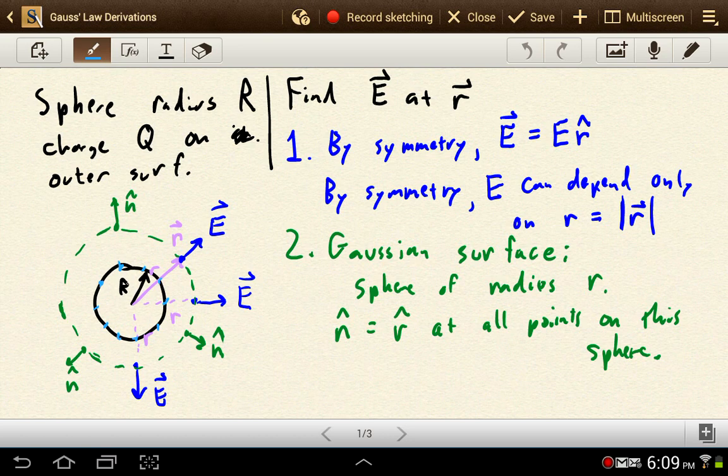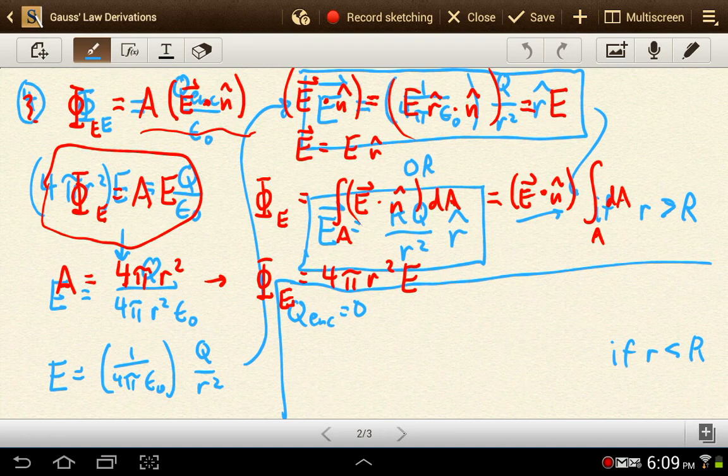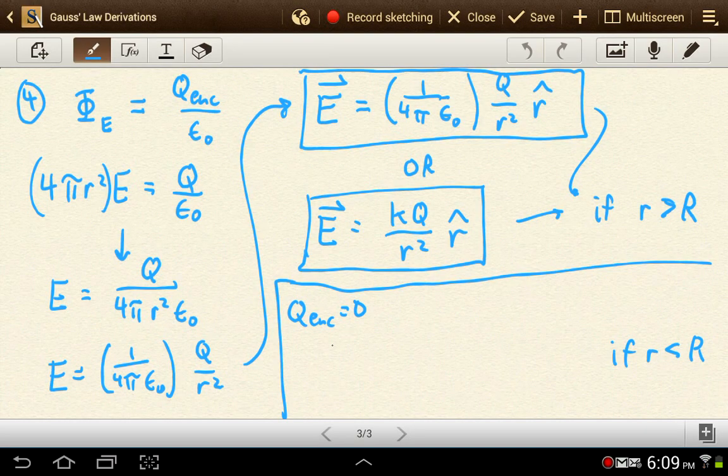And so it does not contain any of the charge, because this charge Q is on the outer surface. So if little r is less than big R, you're inside the sphere, and you're not containing anything in your Gaussian sphere. So the electric flux through the sphere must be 0.